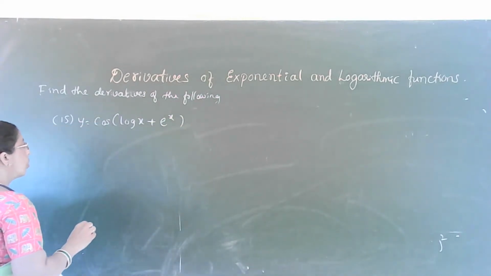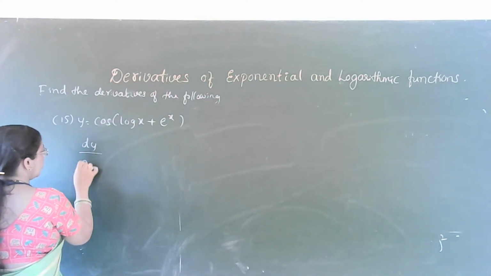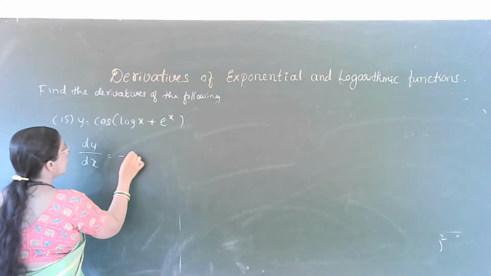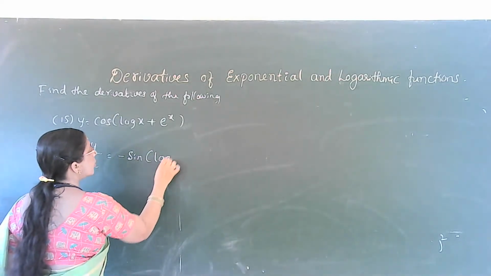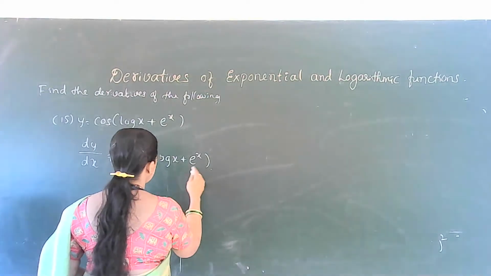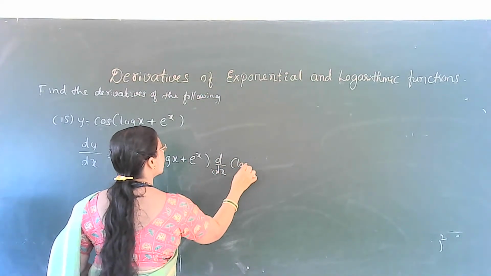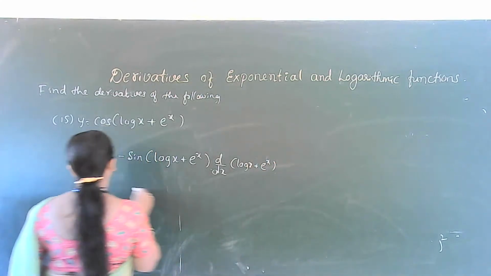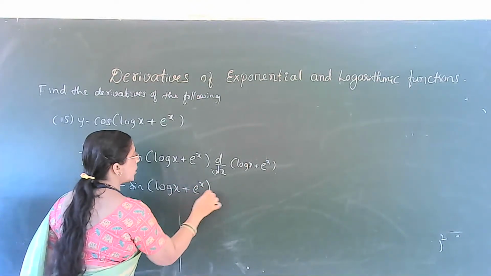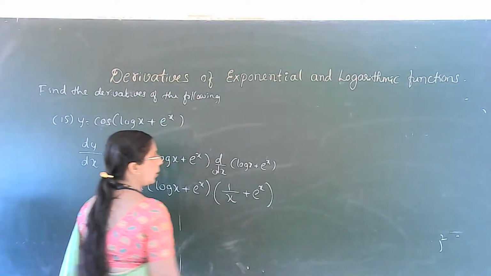Then dy by dx is equal to minus sin of (log x plus e to the power x), since it is cos of this function, then the derivative of log x plus e to the power x. The derivative of log x is 1 by x, plus e to the power x.